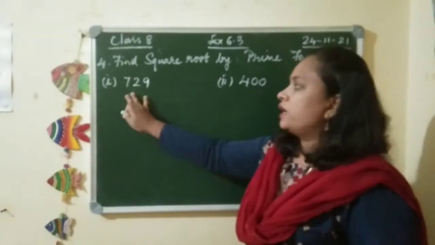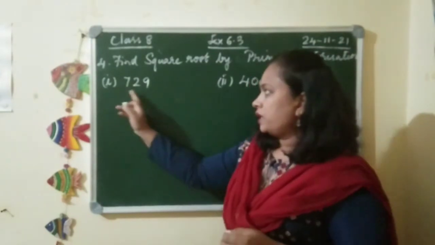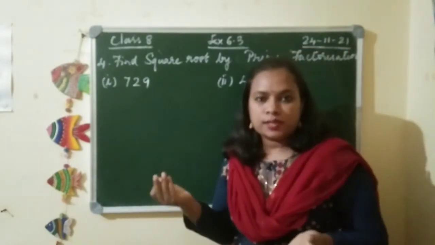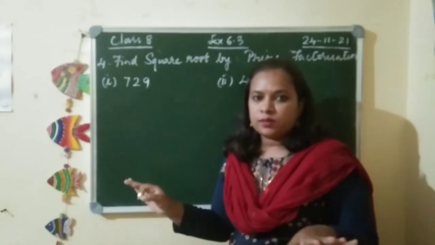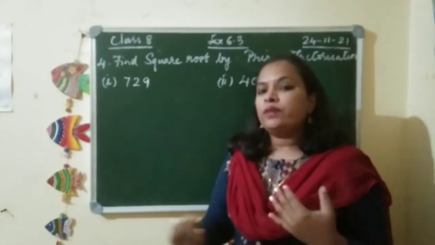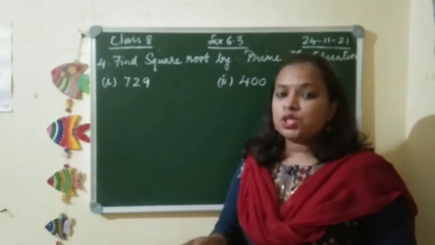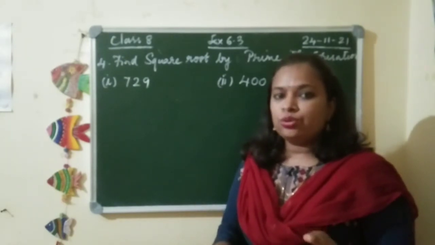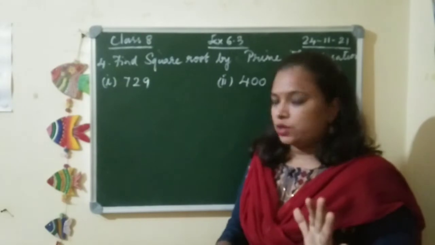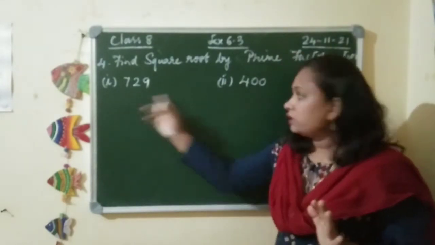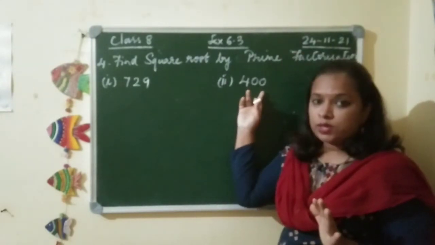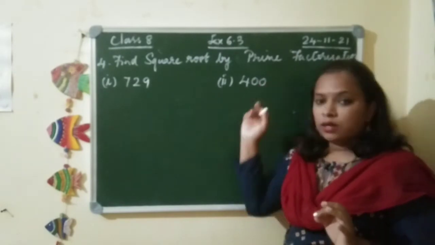So now 729, the last digit is 9, so it is not divisible by 2. When will you know it's divisible by 2? The units digit should end with 0, 2, 4, 6 or 8.